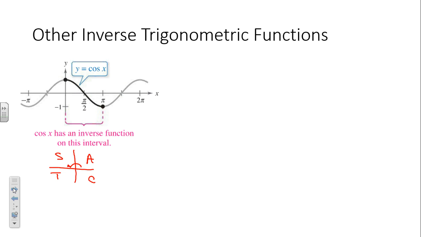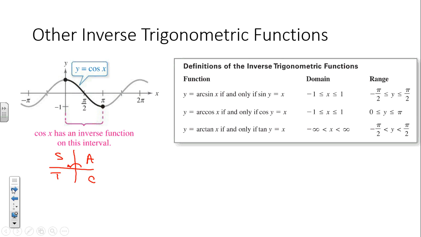Okay, so far so good? All right, so cosine has an inverse on this interval, and these are things that you don't have to copy down because they're in your book. Tangent's also going to have an inverse between negative pi over 2 and pi over 2.